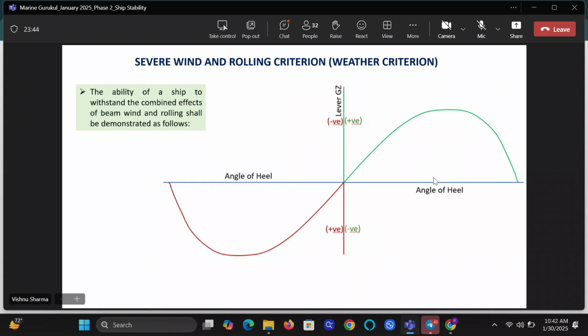So you'll first make this diagram, and then you'll say what it actually wants to demonstrate. It wants to demonstrate the ability of the ship to withstand the combined effect of beam wind and rolling, or a certain degree of severe weather.